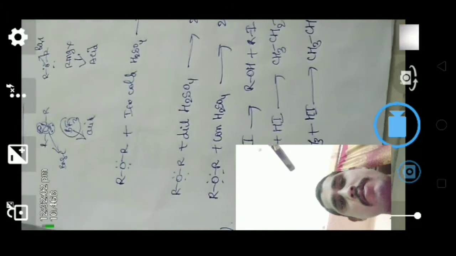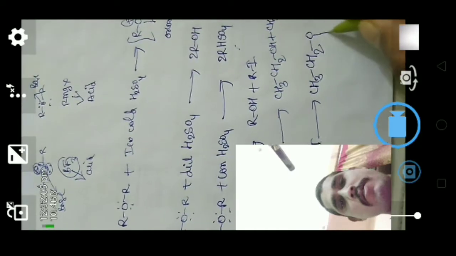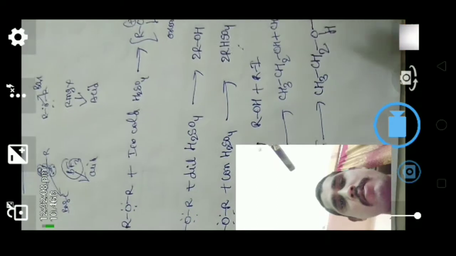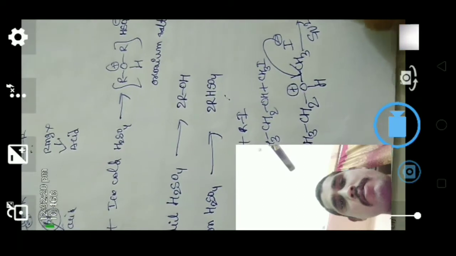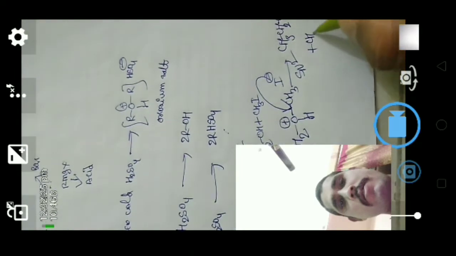Okay, now we will see the mechanism here. CH3CH2OCH3 plus HI gives CH3CH2OH plus methyl iodide.